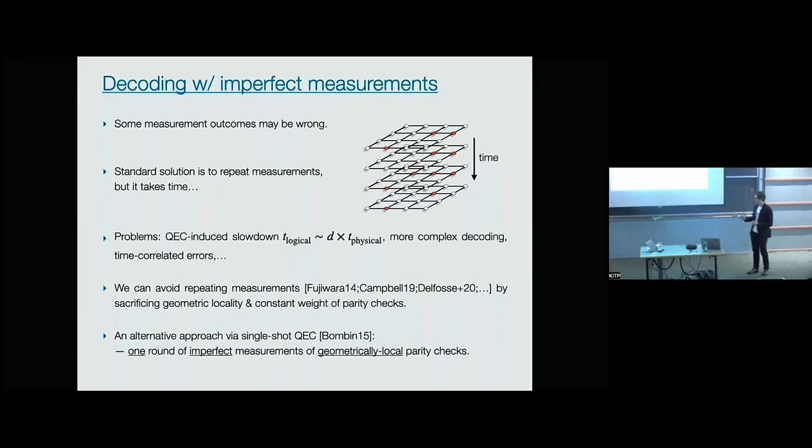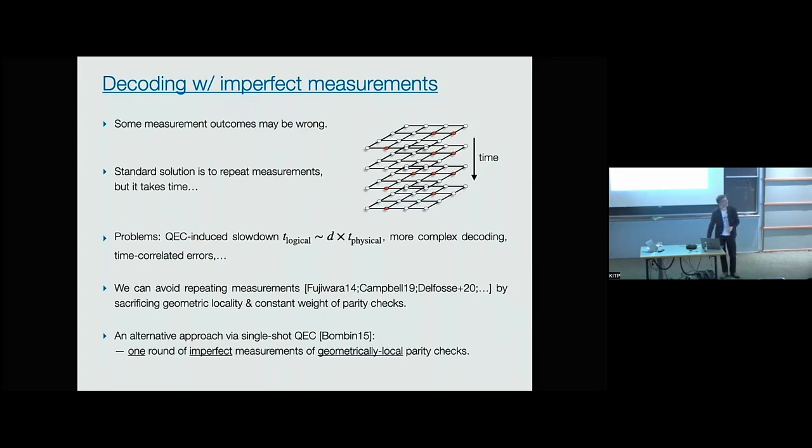So I would like to stress that we don't have to repeat measurements. Our measurements can be noisy, and we don't have to measure non-local big-weight parity checks. So can we apply this idea to the toric code to gain robustness against measurement errors?